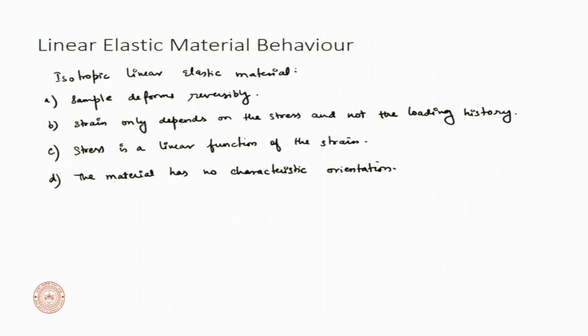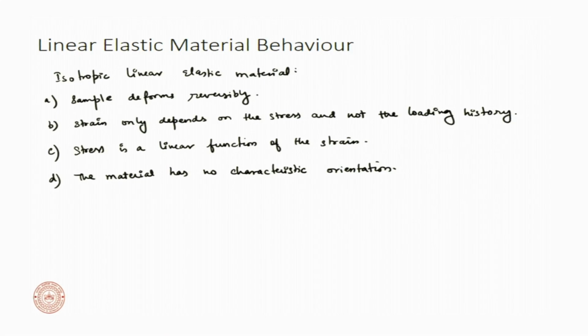The next is the linearity, which is very obvious: the stress is a linear function of the strain. And the last would be that the material has no characteristic orientation.